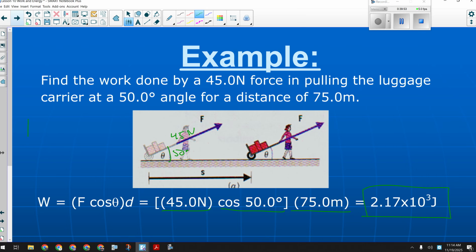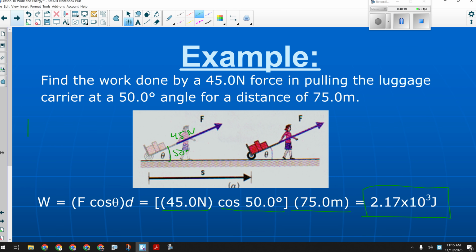In the real world, the suitcase isn't gaining all of it. So we're going to do lots of problems from a strictly perfect physical world perspective, but we need to understand that in the real world, some of the energy is going to be transferred to the surroundings. We call that work against non-conservative forces. All right, everyone follow how that one worked?